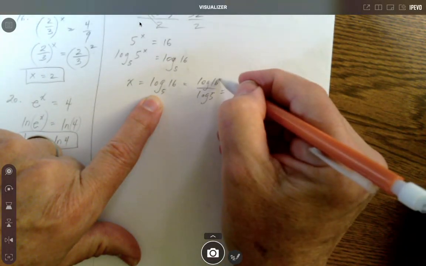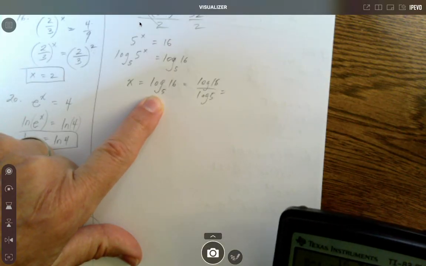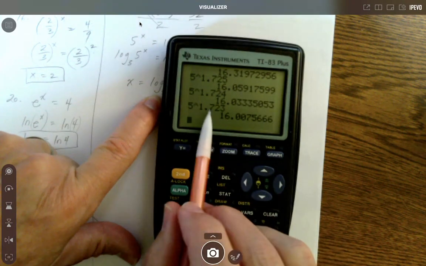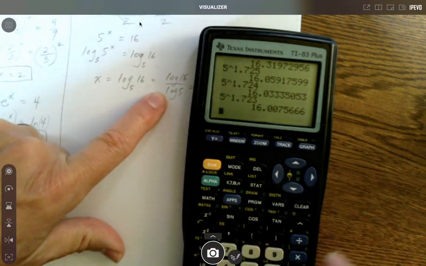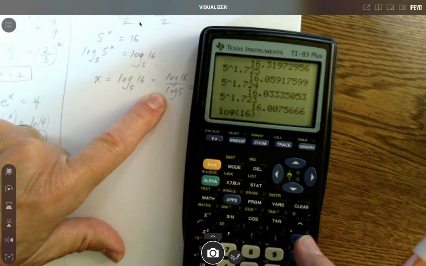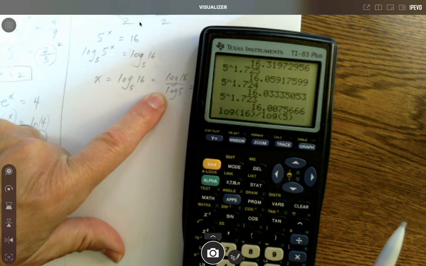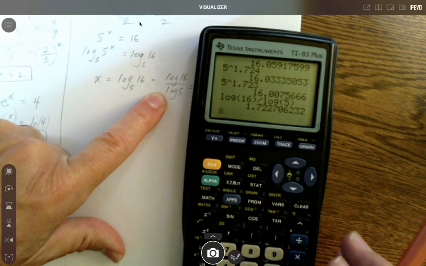And that should give me the value. We know it should be really close to what I had before, which was 1.723, right? So let's see, log of 16 divided by log of 5. 1.7227.